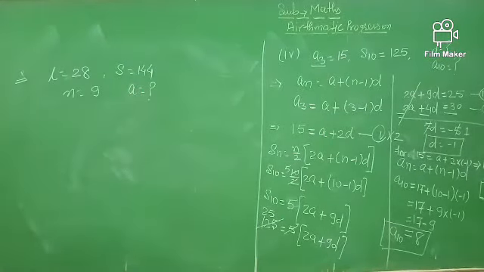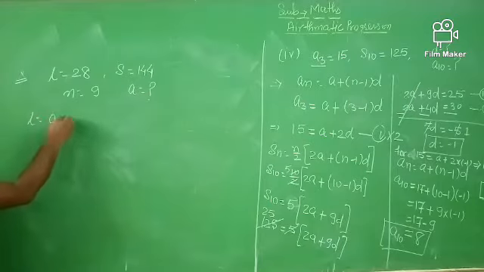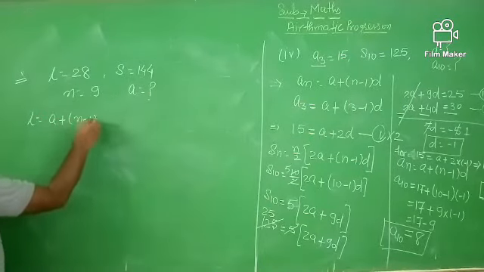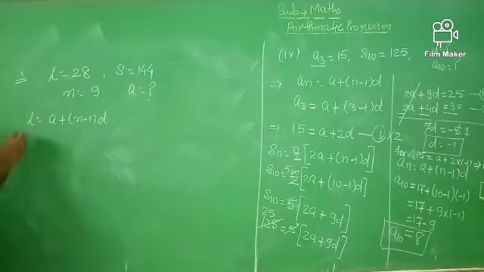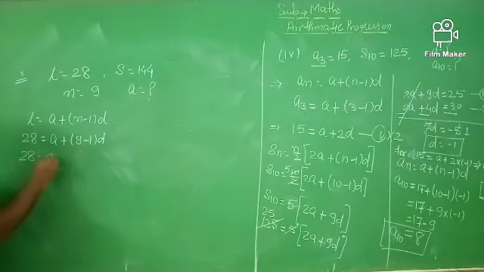First you apply the formula, since L is given, that L is equal to A plus N minus 1 into D, because the last term is given. So L is equal to 28 and N is equal to 9, so A plus 9 minus 1 into D. Therefore 28 is equal to A plus 8D.